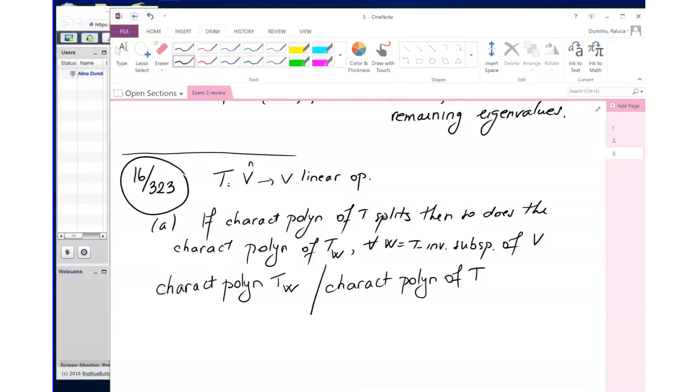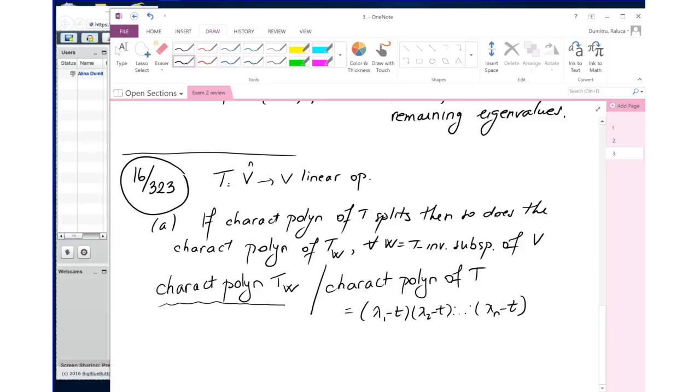Now, the characteristic polynomial of T splits over F. What does it mean that it splits? It can be completely factored into first degree terms. So this is (λ1 − t)(λ2 − t)...(λn − t). So now the characteristic polynomial of T_W is something, I don't know what, but something that divides that product. So what can it look like? Just a product of some of those factors, right? So again, it is completely factored.